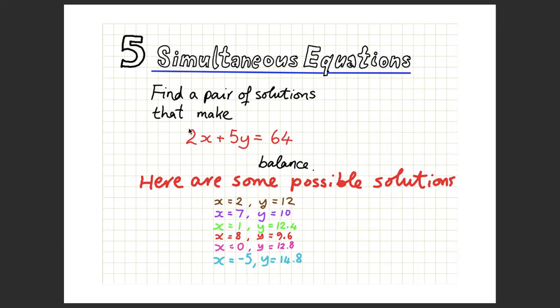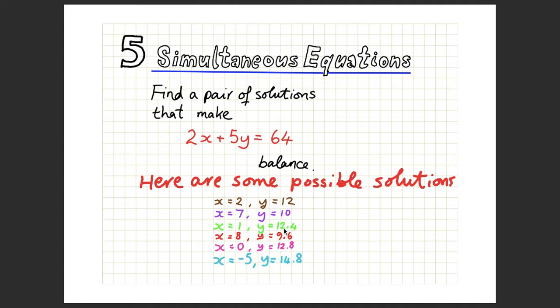And basically you can think of any x value and figure out the y value that y needs to be in order to make the whole thing balance. So lots of possible solutions. X is 2, y is 12; x is 7, y is 10; x is 1, y is 12.4. You can think of x as anything, including 0, negative numbers, decimals, and work out another value of y that will make the whole thing balance.